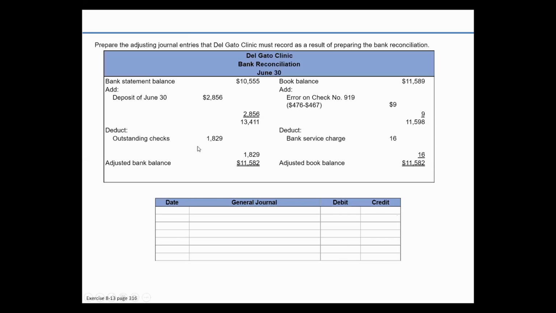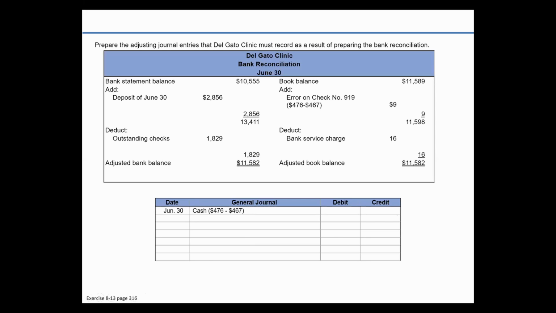So we have already prepared our bank reconciliation. Well, now we have to go ahead and do our adjusting entries. So the first thing on June the 30th is we have to correct the check that we recorded the wrong amount.